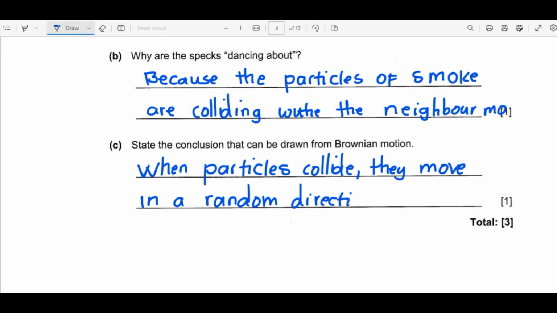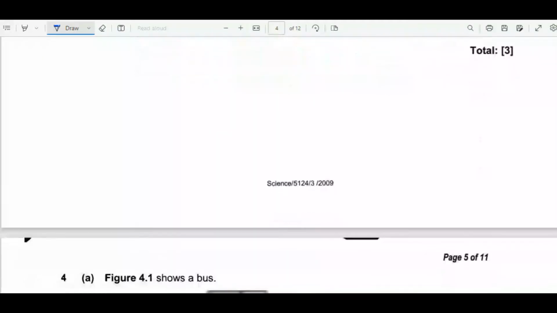So it's all about the movement. That's what you are supposed to focus on here.